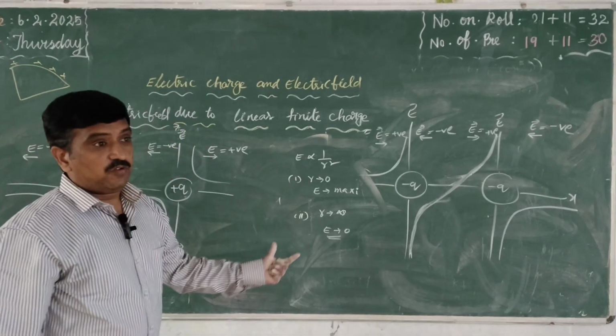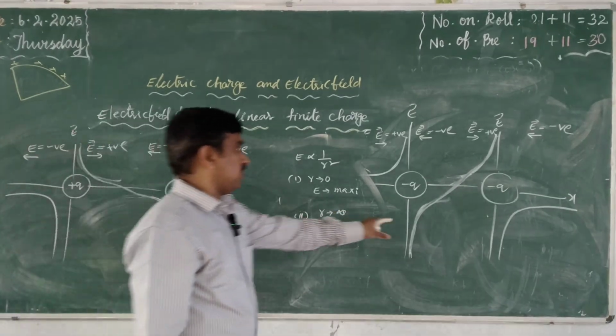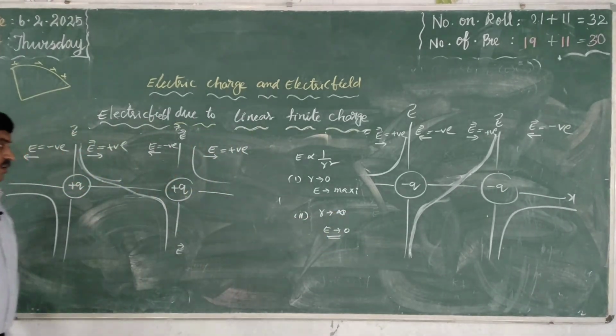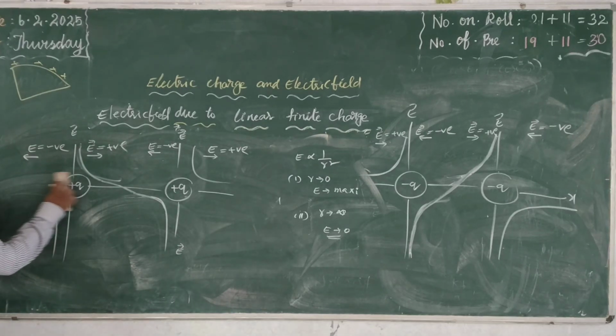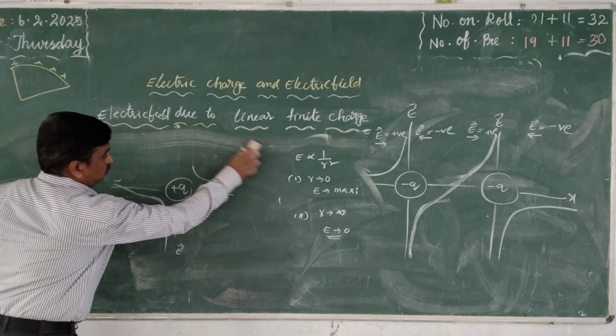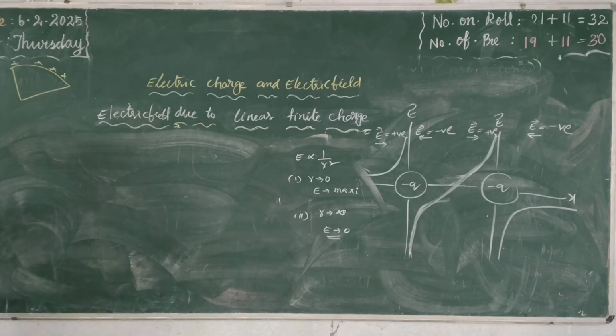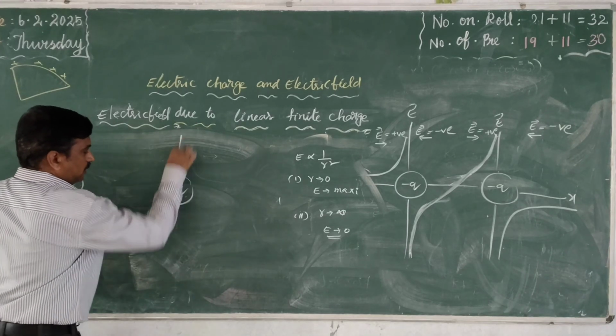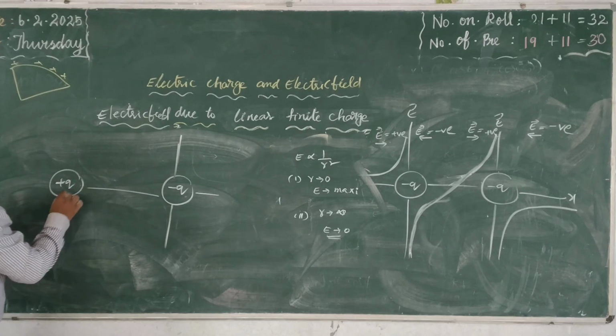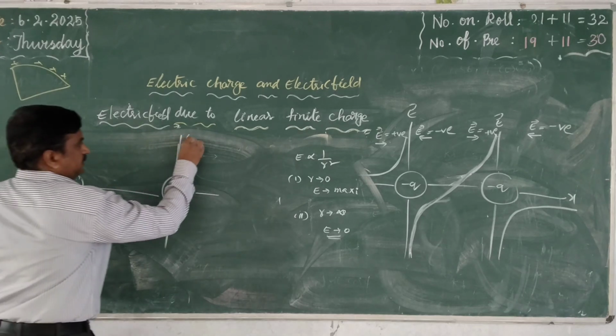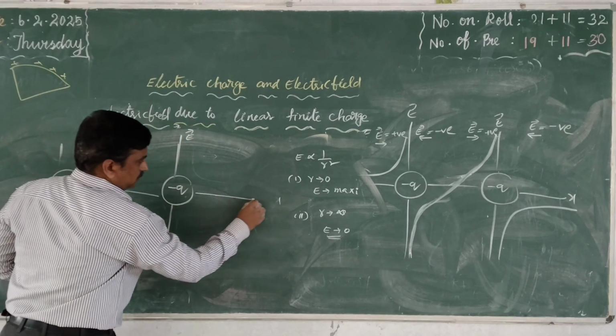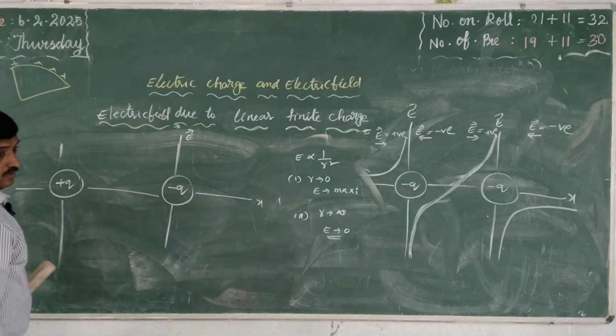So what is the electric field versus X graph now? For plus q, this is the graph. Now we can take plus q and minus q: here I take plus q, here I take minus q. Electric field is the y axis, x axis.